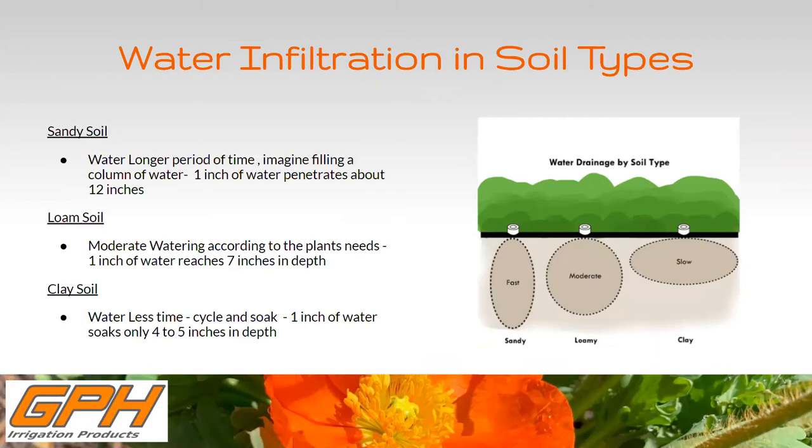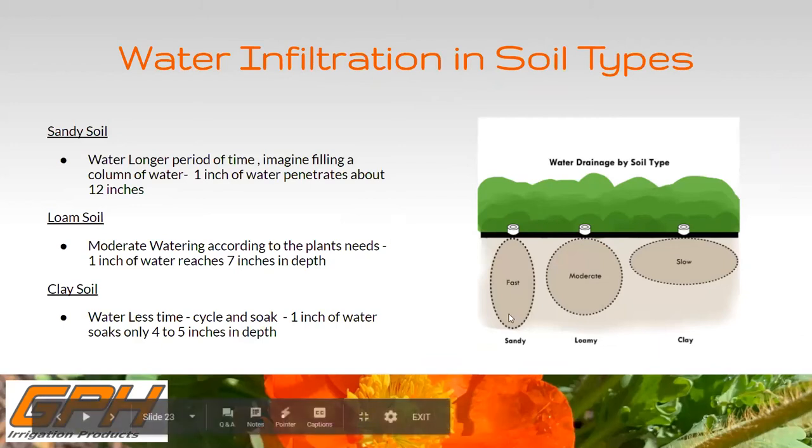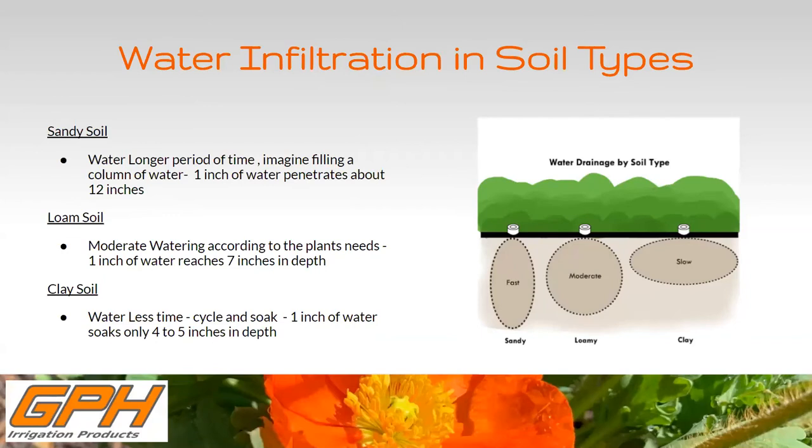If you look at the sandy soil here on the left, you can see the water is percolating through the soil very quickly, and it goes straight down. That means you have to water for a longer period of time in order to get the water to the plant root zone, because it is just passing it by.